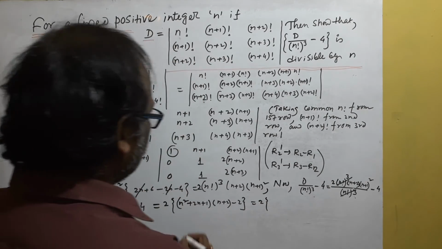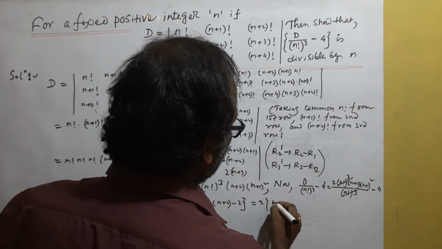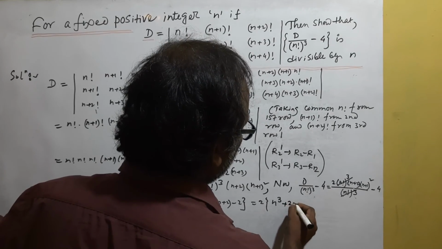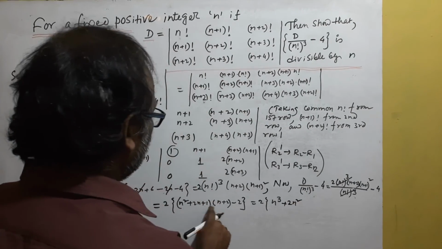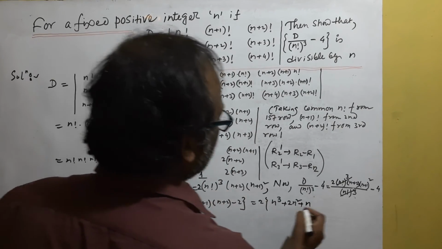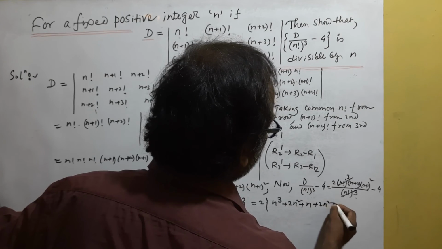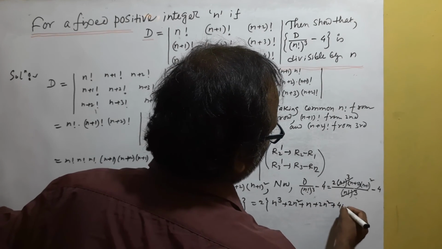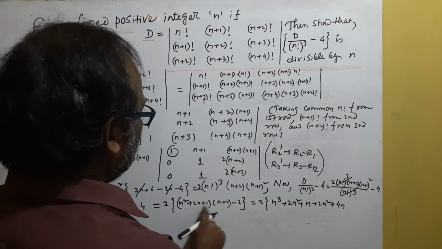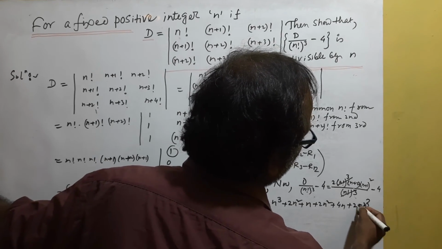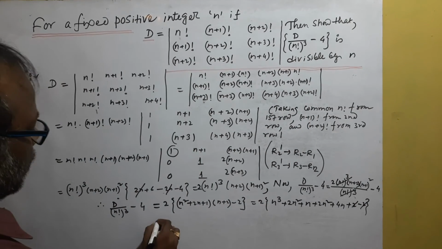This is 2n to the power 3 plus 2n square plus n plus 2n square plus 4n plus 2 minus 2. So 2 are cancelled.